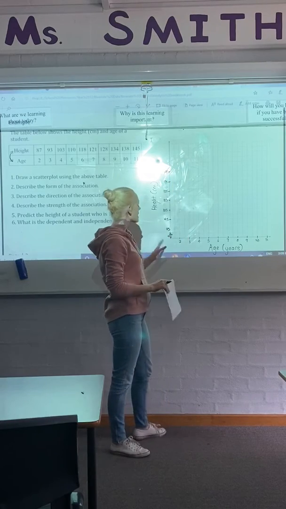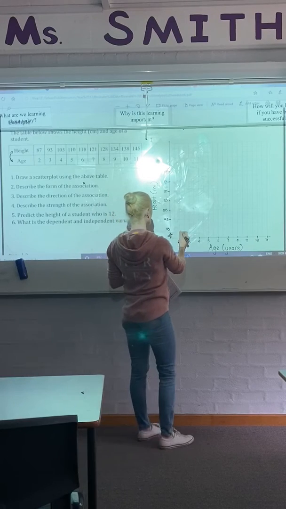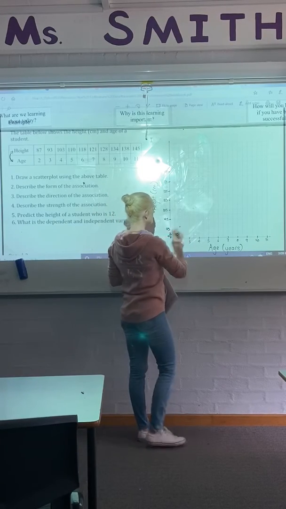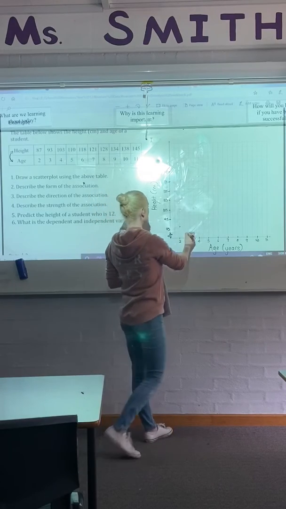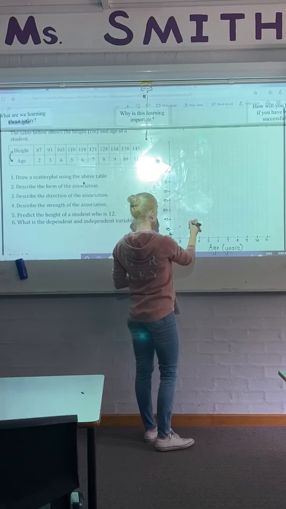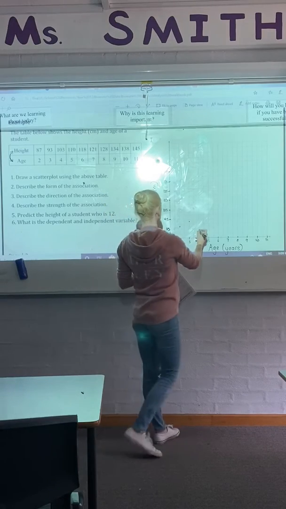Okay, so we're ready to start doing our dots. The first child who was 2 was 87 centimetres tall. Second child who was 3 was 93 centimetres tall. Third child who was 4 was 103 centimetres tall.